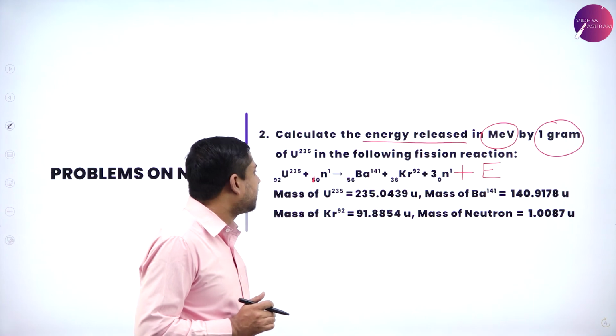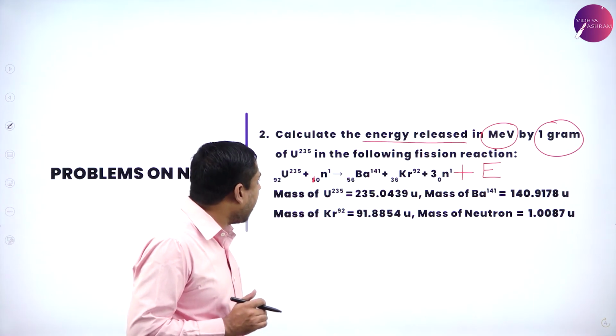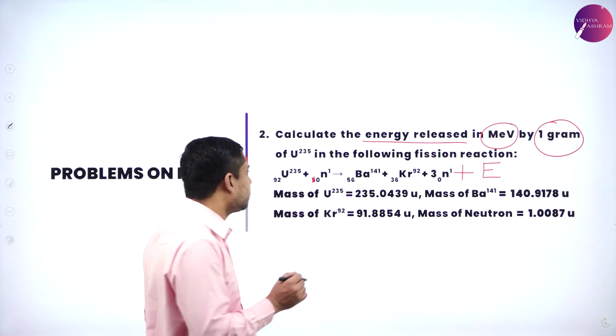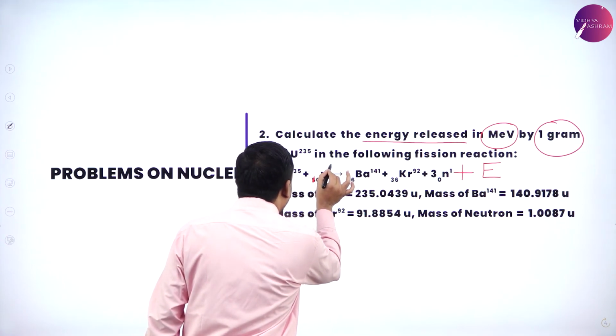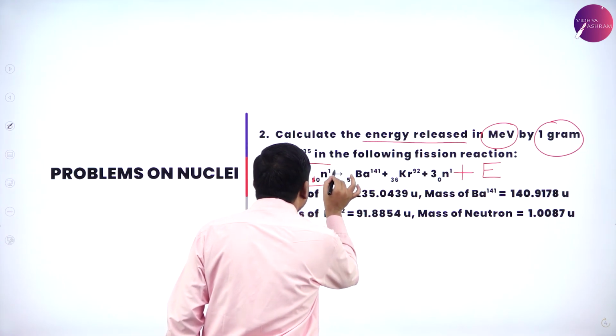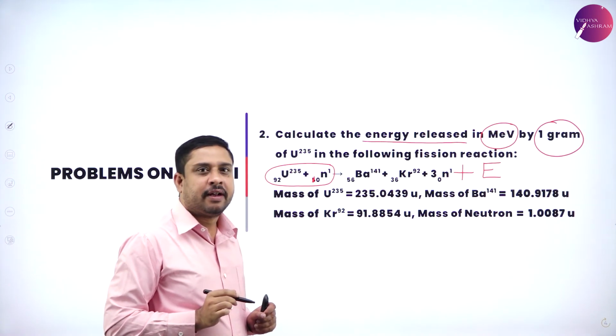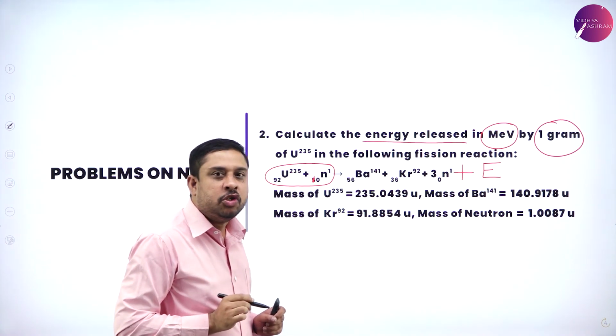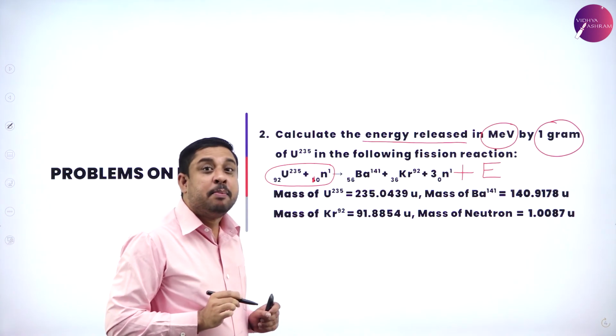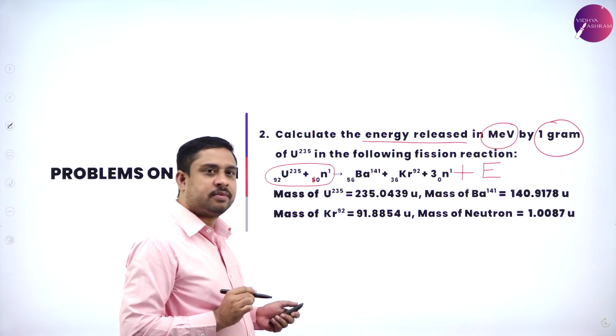To begin with, I will consider the mass of uranium-235 and a neutron before collision.